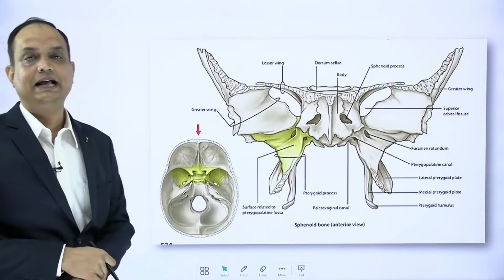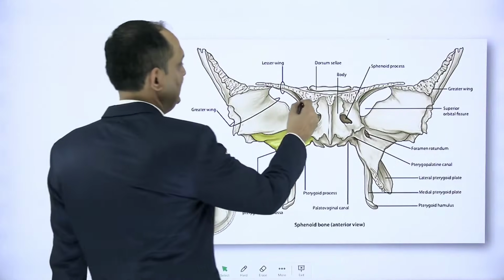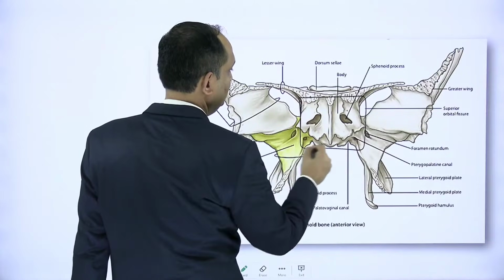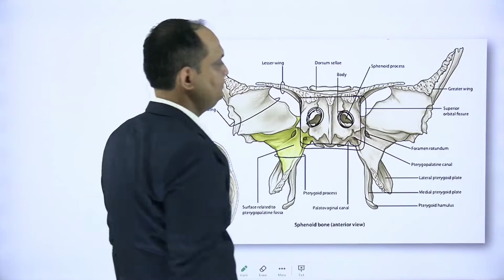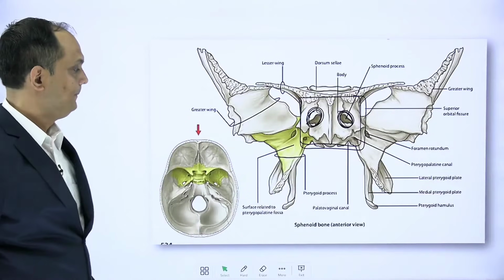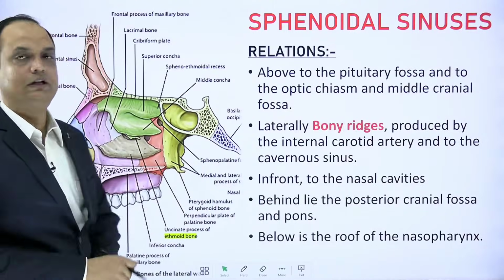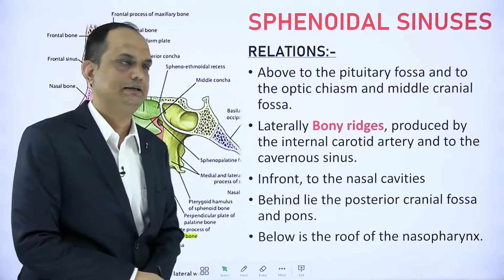Now this is the diagram of your sphenoid bone. You can see this is the body of the sphenoid bone, and in this body you will find, on both sides, air spaces known as the sphenoidal air sinus. Clear? Now what are the important relations of the sphenoidal air sinus?